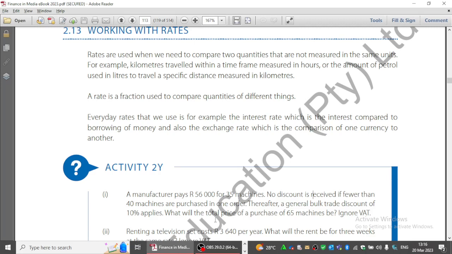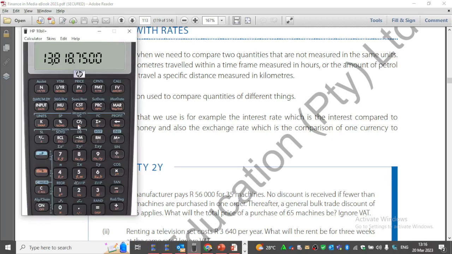The first thing that we have to do for this activity is to calculate the value of one machine. If we're to buy 35 machines, it will cost us 56,000. This means that 56,000 divided by 35 machines, we are spending 1,600 per machine.